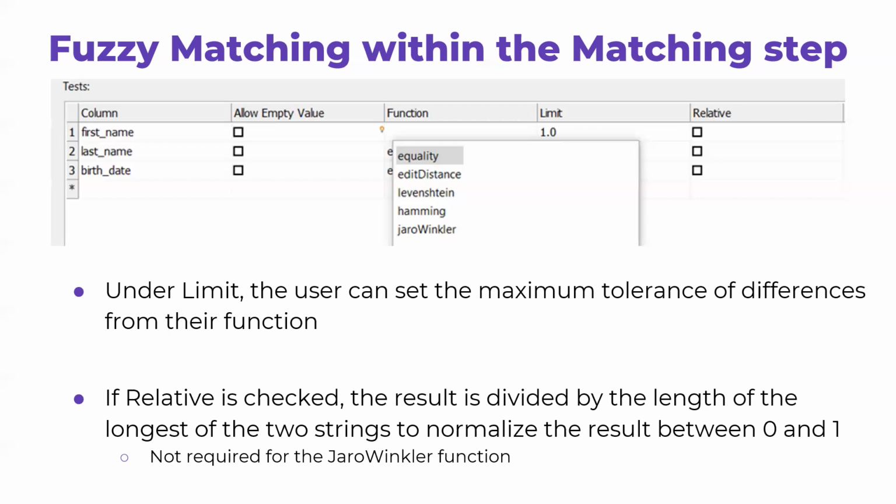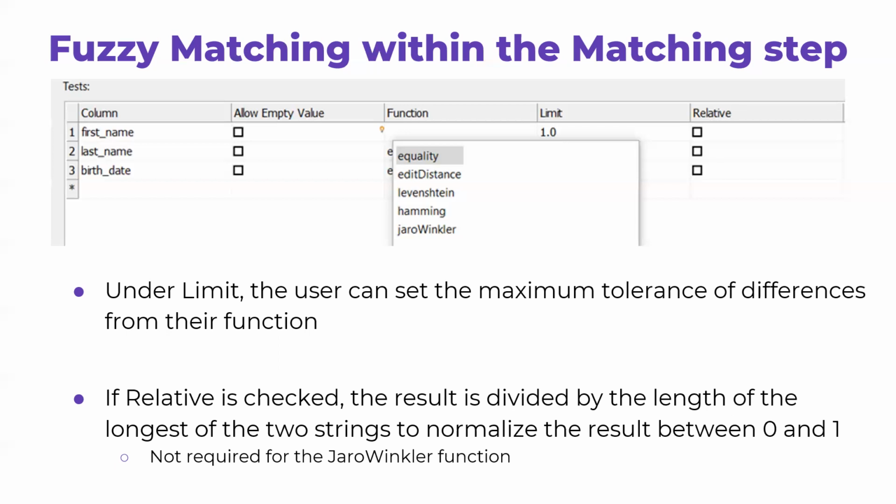Now, on the limit column, you can set the maximum tolerance of differences for that function. So if the two strings or two values that you're comparing exceed that limit, it does not count as a match. But if it's beneath or meets that limit value, then it'll be considered a match.